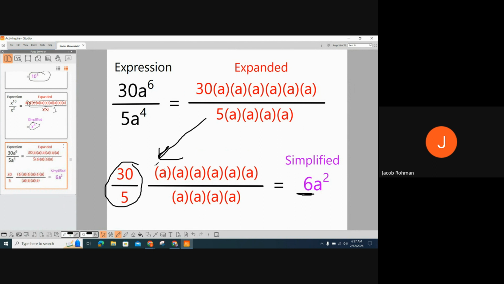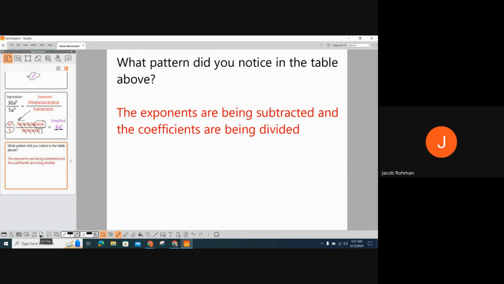And then from here, we get a divided by a is 1, four times. And so here, that's where we get a to the 2nd power. And so the question on your notes is, what pattern did you notice in the table above?